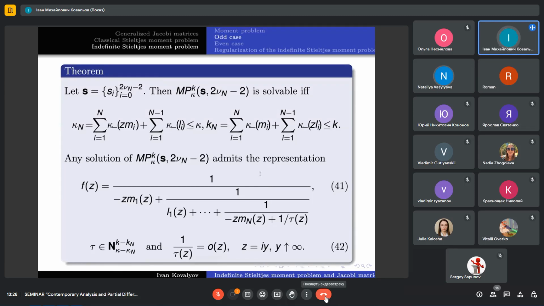So if the sequence S is regular, then in the representation 48 for 41, all the L_i are constant. So it is consistent with the classical problem, because in the classical problem we have constant L, and then the physical interpretation of this problem is that we have some multipoles.